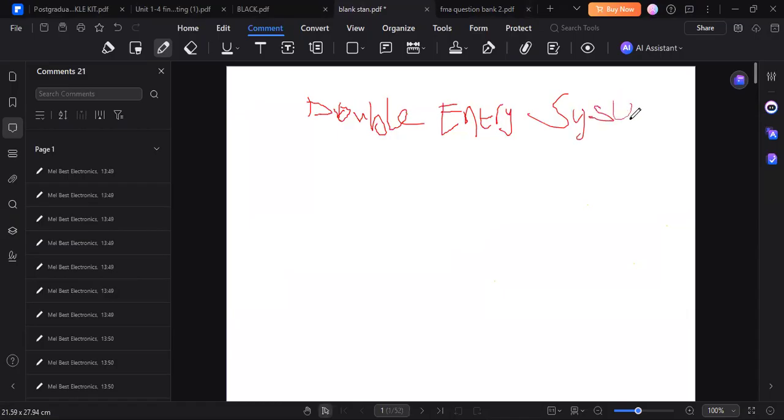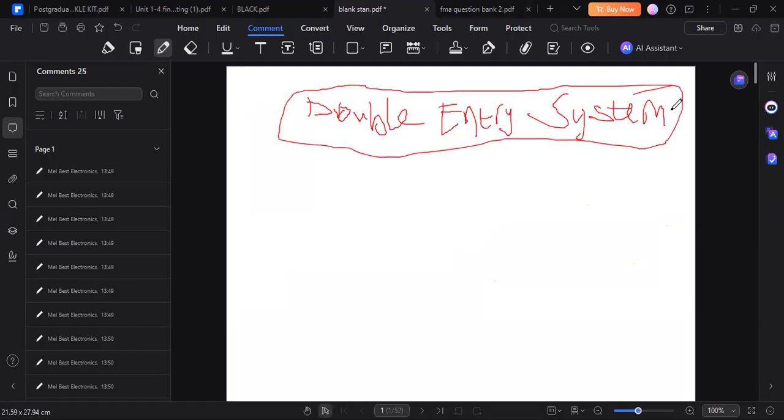So under the double entry system, we have one concept in accounting.